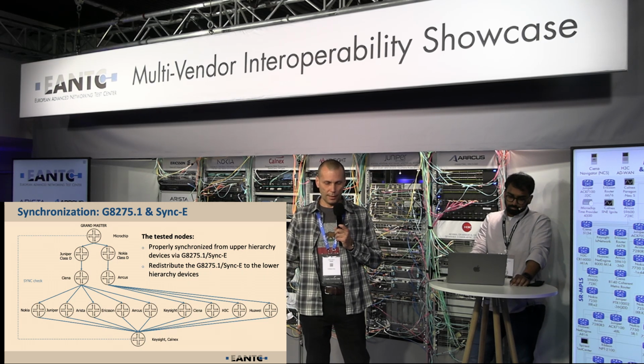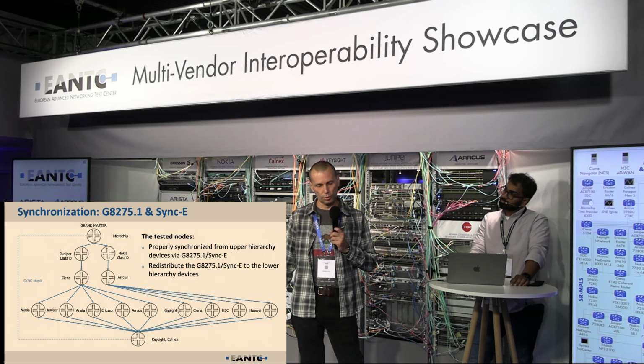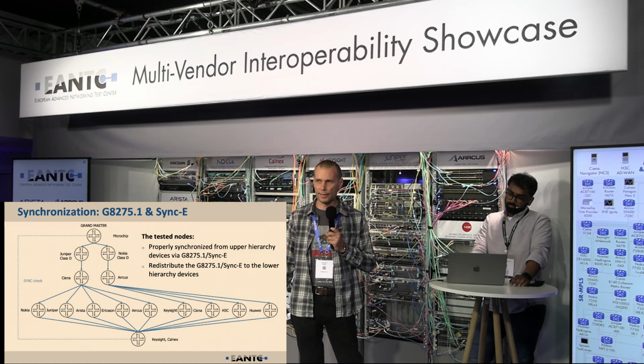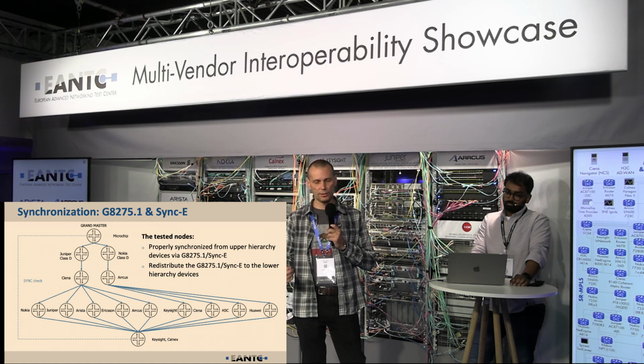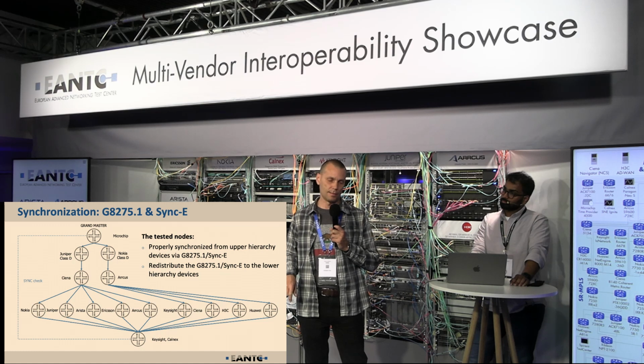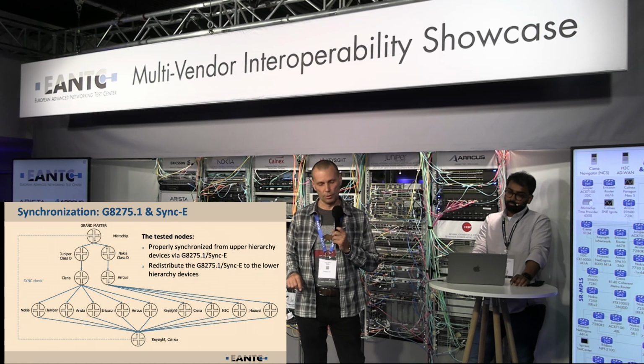And we have two nodes, Nokia and Juniper Class D devices, connected to the Grandmaster. They are configured as boundary clock. So that means that they are synchronized from the Grandmaster and then resend the sync messages down the hierarchy. The next level is Ciena and Arrcus nodes.